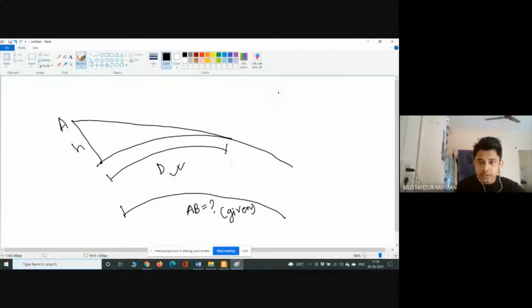So we will be able to find out this distance, because we will know this D from the formula, and this H is already given. This is the RL of point A, or elevation of point A from the datum. Then this line passes over here, right? So we will find out what this H is.